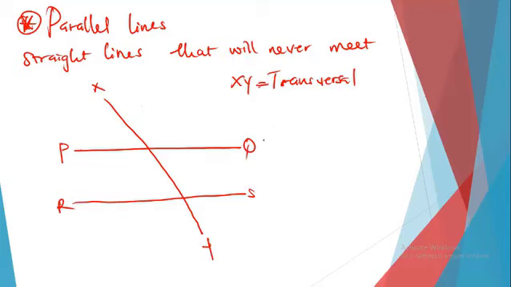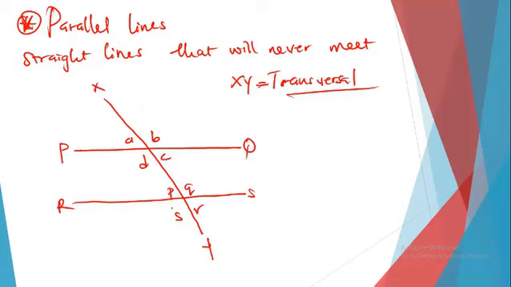A straight line cutting two or more lines is a transversal. This straight line cutting line PQ and line RS, we call a transversal. Now let's use this illustration to prove some rules in angles. Let's call this angle A, this is angle B, this is C, and this is D. I will have P here, call this Q, R, and X.